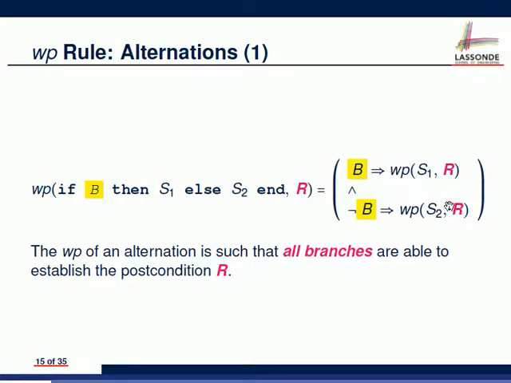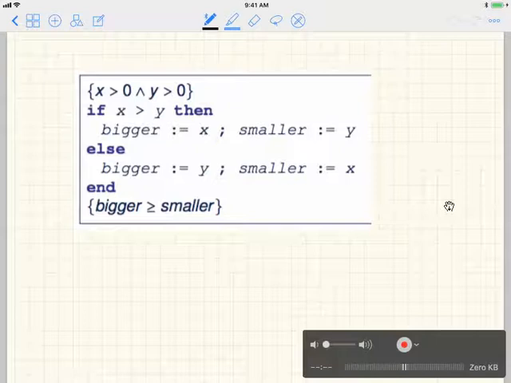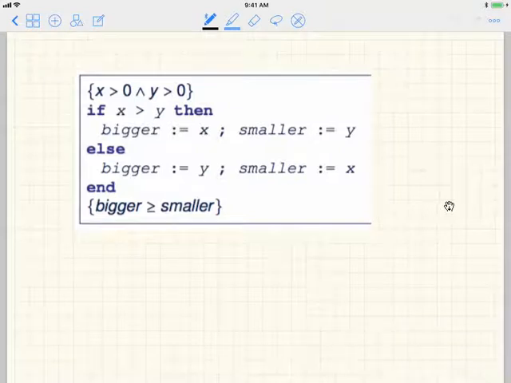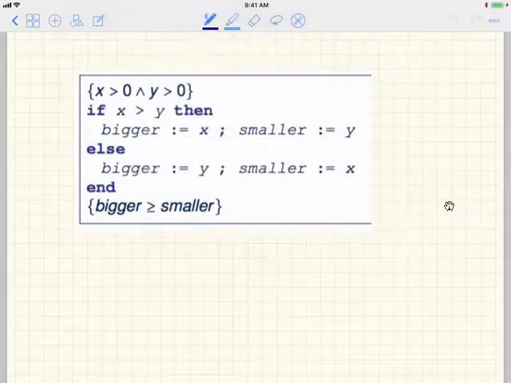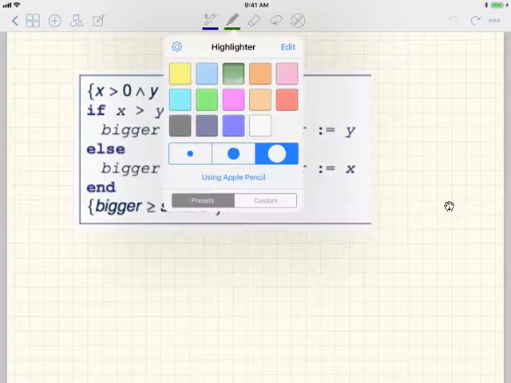So now, how do we apply that to here? How do we do that? First of all, for this program over here, let me use a different color and highlight. So this is the first branch.